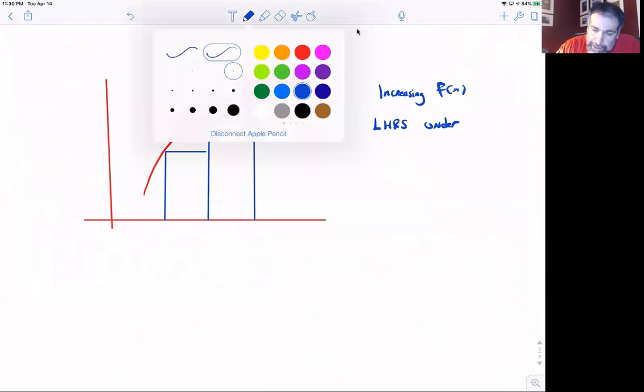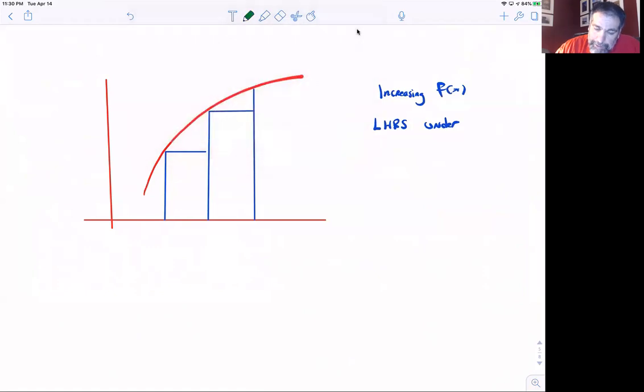If we go now and look at the trapezoidal rule, the trapezoidal rule says to connect the two spots like this and the two spots like this. So what do we know about the trapezoidal rule in this case? Well, again, it's an under approximation.